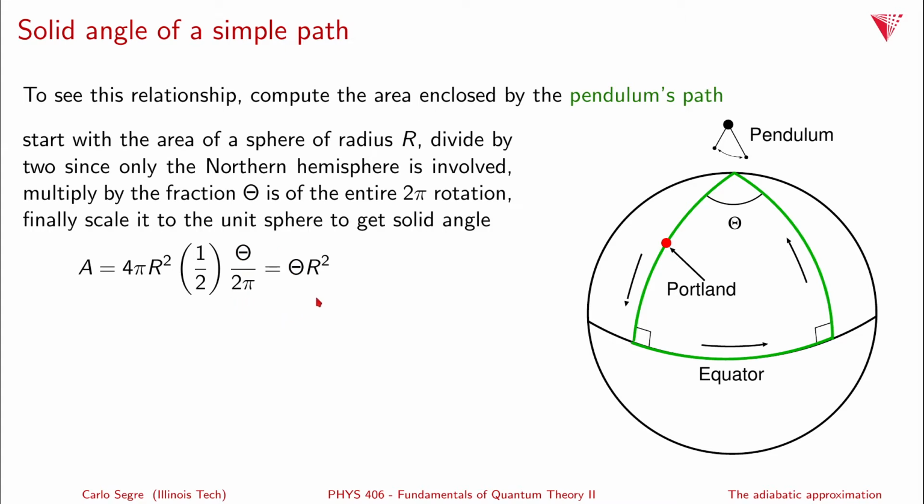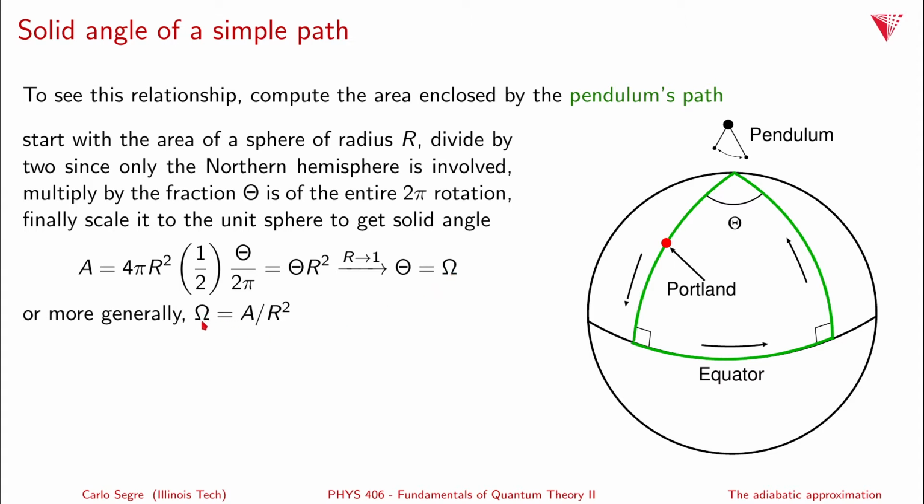If you calculate all this, the pi's cancel, the 4 cancels the 2 and leaves a 2, so you have another 2 here, those cancel, and you have theta times r squared. Now, if we scale it to the unit sphere to get the solid angle, that means that r goes to 1, then you have theta is equal to omega, which is a solid angle.